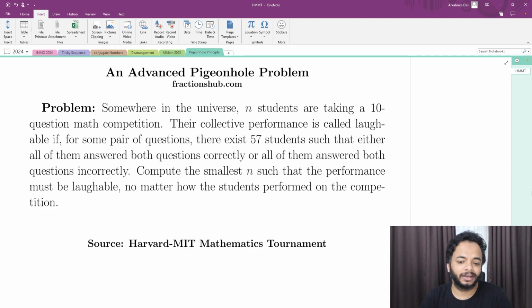It says that somewhere in the universe, n students are taking a 10 question math competition. Their collective performance is called laughable if for some pair of questions there exist 57 students such that either all of them answered both questions correctly, or all of them answered both questions incorrectly.